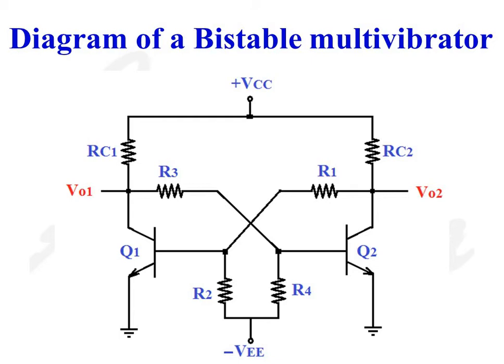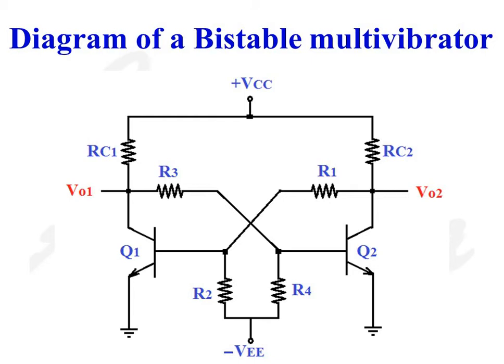Collector of transistor Q1 is connected to the base of transistor Q2 through a potential divider network which consists of resistors R3 and R4. One end of resistor R4 is connected to base of transistor Q2 and other end of resistor R4 is connected to negative voltage source minus VEE.